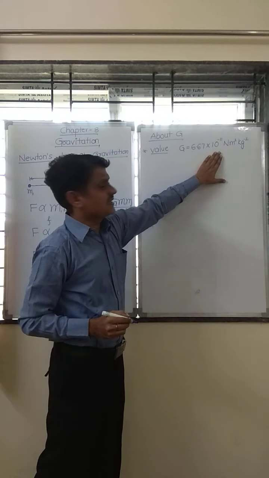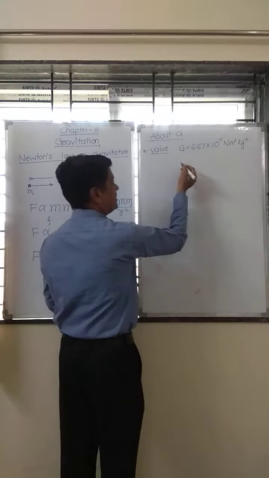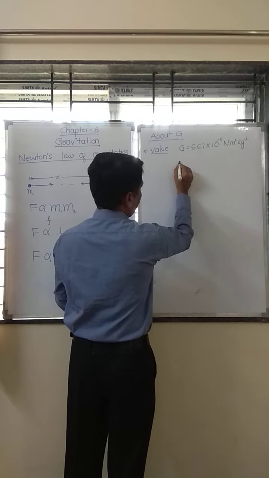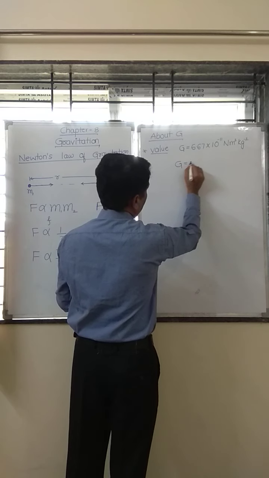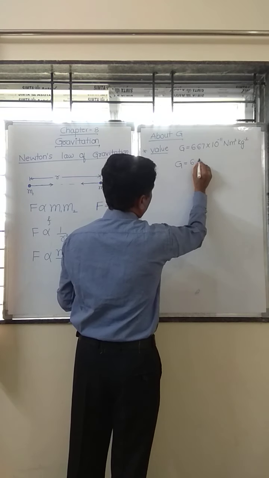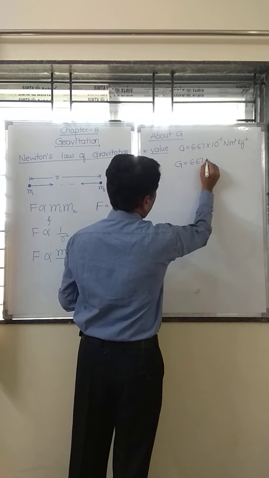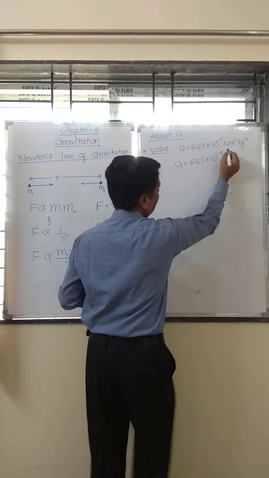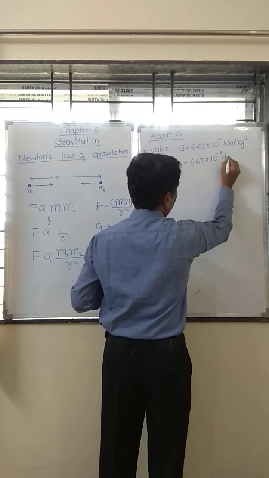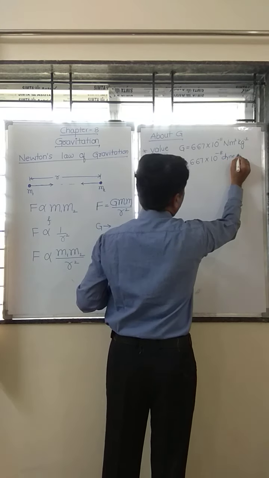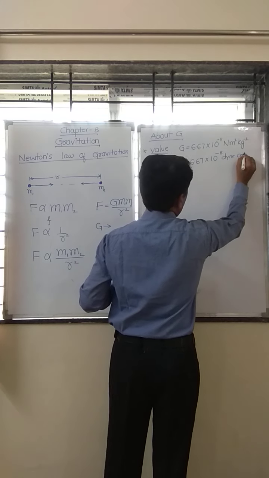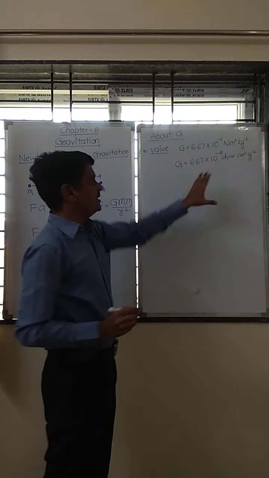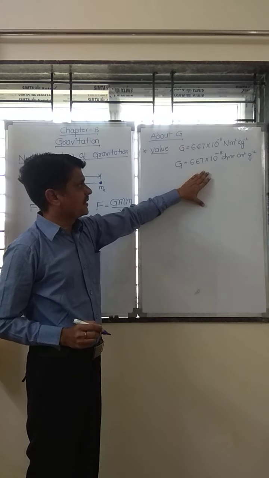So this is in SI system. In CGS system, I can write directly also, G is equal to 6.67 into 10 to the power minus 8 dyne centimeter square per gram square.